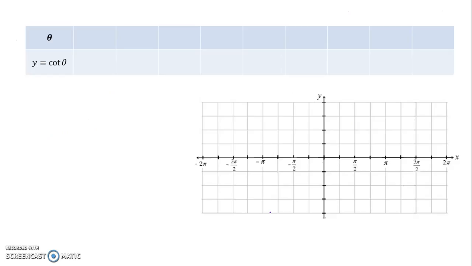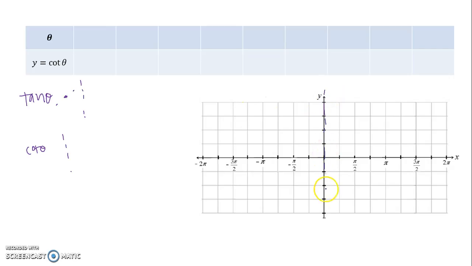Right. Cotangent is our last one. You could use your tangent graph to help you remember this. So I know, based on my previous notes, that tangent started at 0, went up, down, but having the asymptote over here. But it started at 0, which means cotangent is going to start at the asymptote, which is kind of nice.